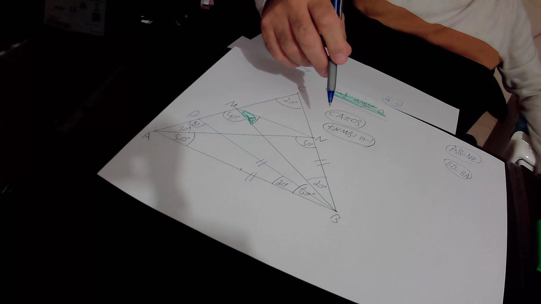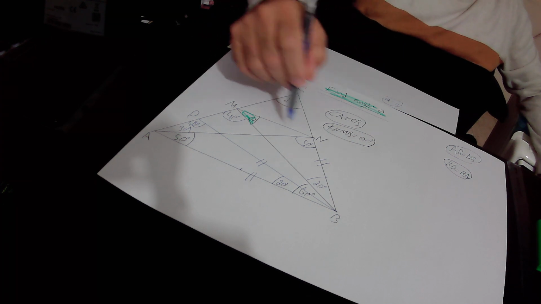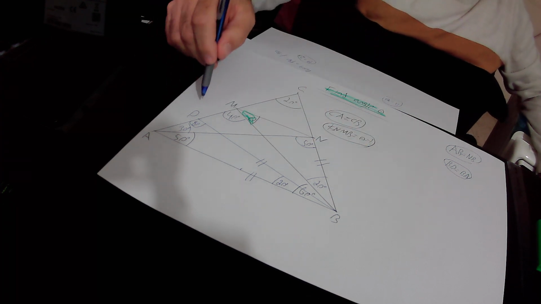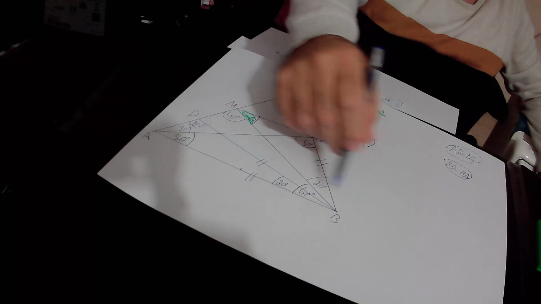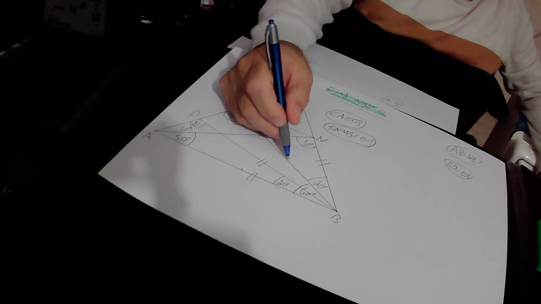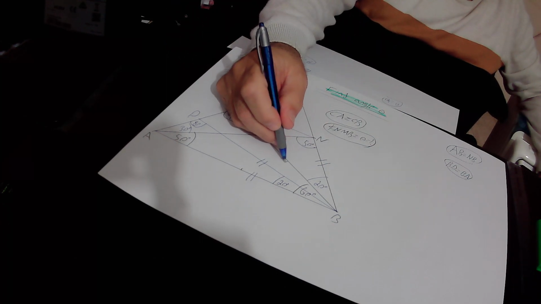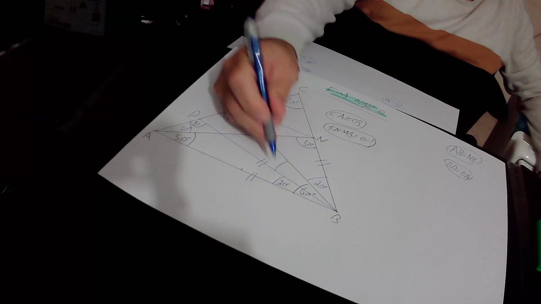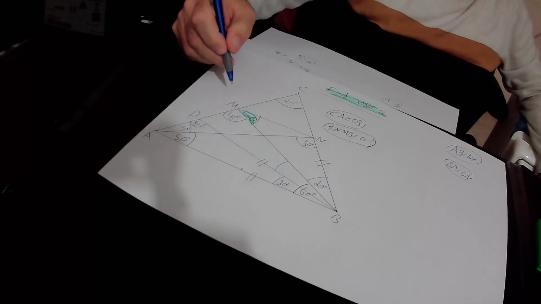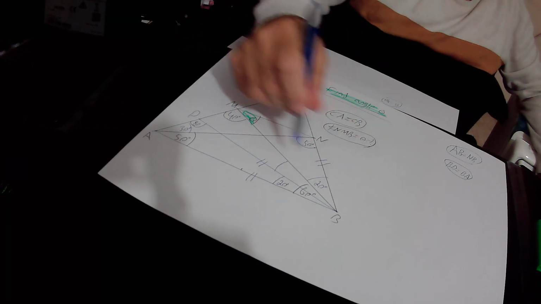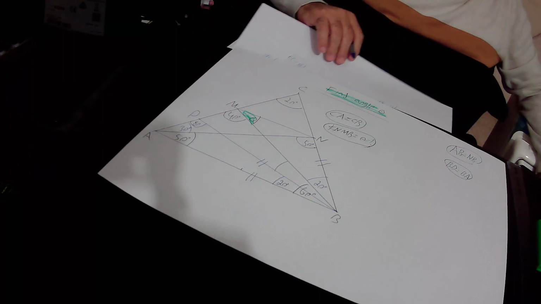It is very easy to see from the drawing that the big angle MBA minus the small angle DBA must be equal to this missing angle, that is angle MBD. So I write it down.